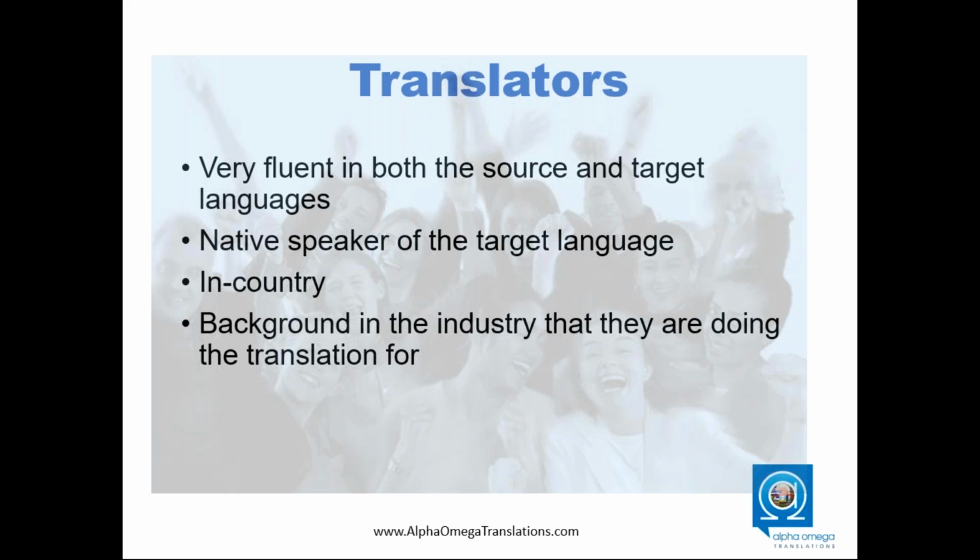Translators often start out in another field, such as engineering or medical, and then they decide that they just like the language side of things, and they get certified as translators. So a lot of them have a really strong technical background in the particular field. So having that background will give you better translation as well.